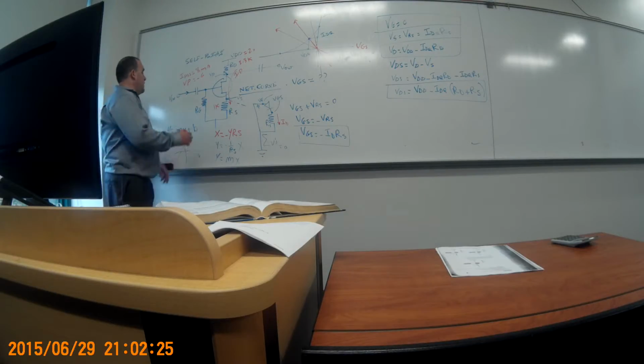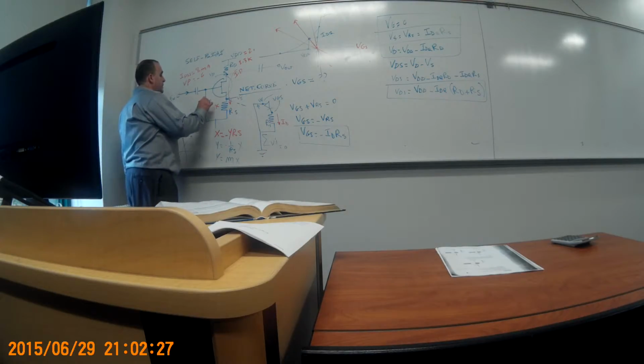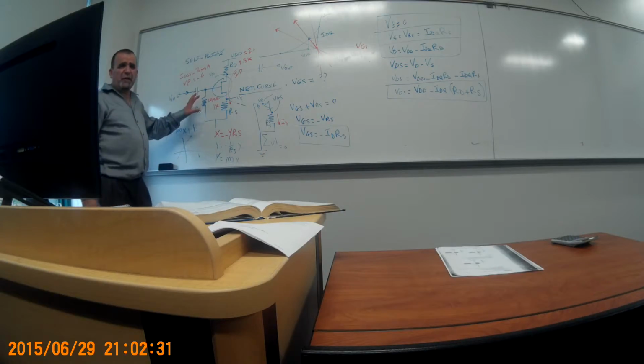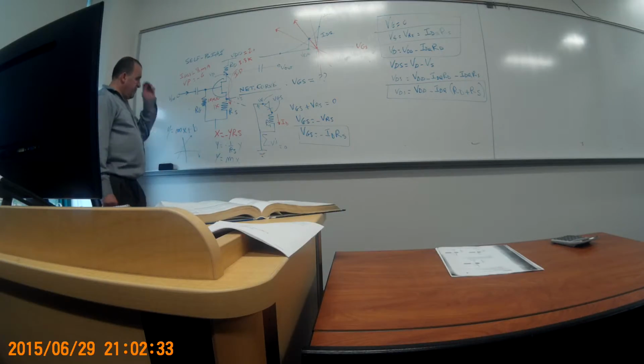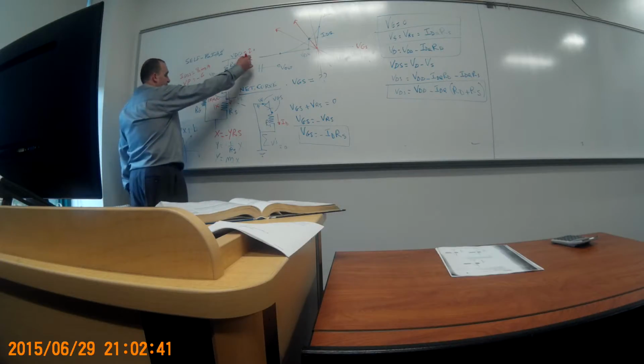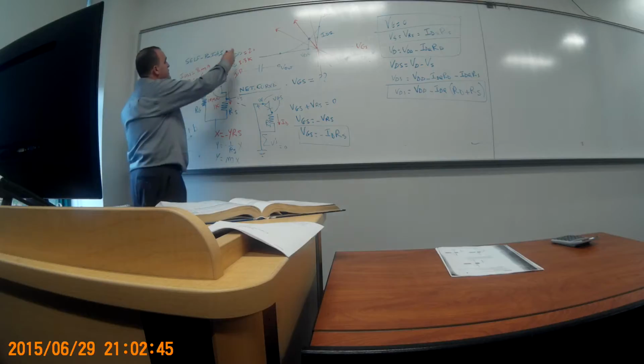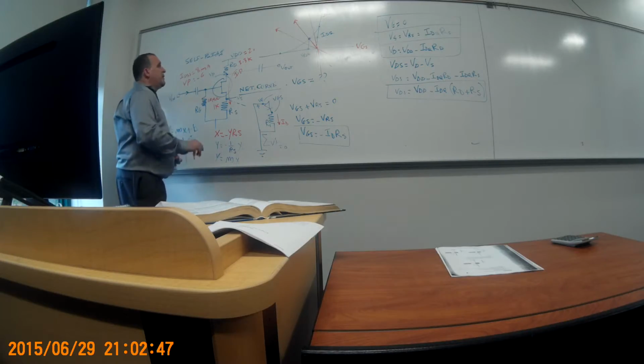Values, I mean, this could be any value. It has to be a huge value, okay? Meg. Is that 10 meg or 1 meg? 1 meg. 3.3K, 1K, 8 milliamp, minus 6, VDD is 20.